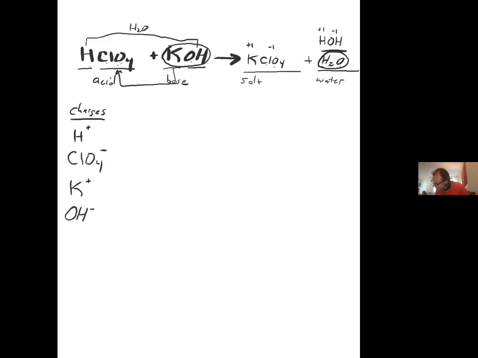Okay, so the next issue is identifying reactions in terms of determining what type of reaction they are. And so it's actually kind of fun. It's classifying. If you like classifying things, it's kind of fun. So let me show you an example here.